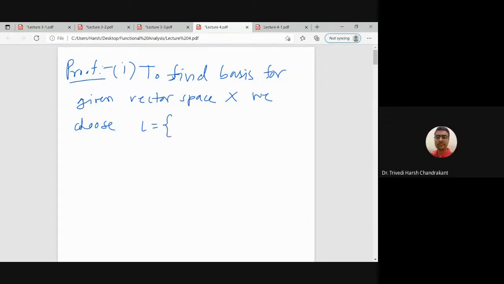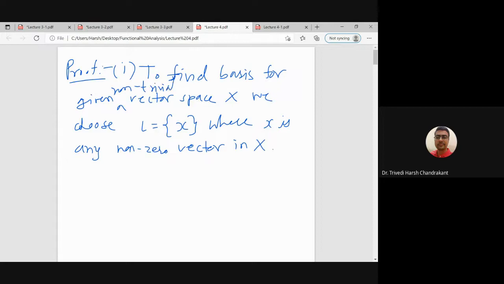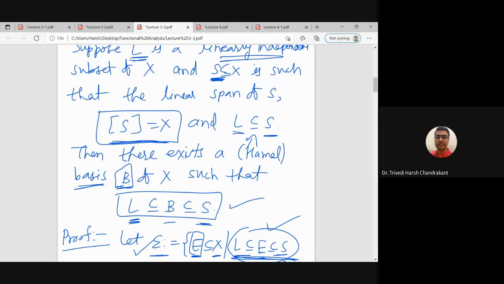So to find a basis for this, we are taking L equal to {x}, where x is any non-zero vector in X. Whatever vector space we take, non-trivial vector space, that means it has at least one non-zero vector, and we know that if we take a singleton set of a non-zero vector, that is always a linearly independent set, right? So L we have chosen here.